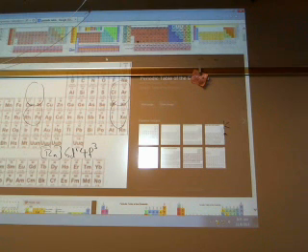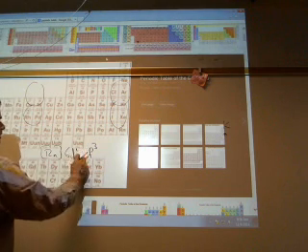But you look over here, that's 104. And so we go from 89 to 90. And so 89 to 90 means we go 6d1 to 5f1, 5f2, 5f3. This is 5f3.